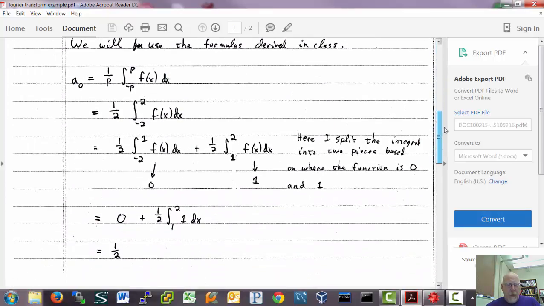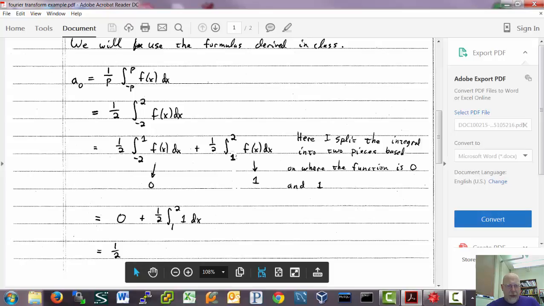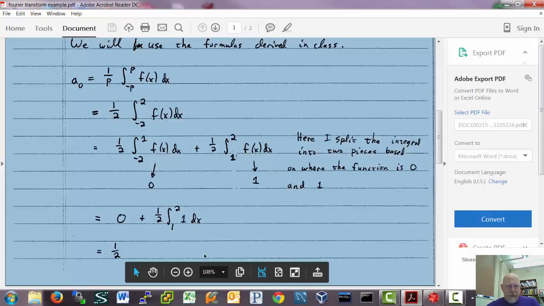So we're going to split this integral apart over those two pieces, an integral from -2 to 1 and an integral from 1 to 2. And on this first piece, from -2 to 1, that function is 0, and then from 1 to 2, the function is 1. So we end up with just 1/2 the integral from 1 to 2 of 1 dx, which gives us 1/2.